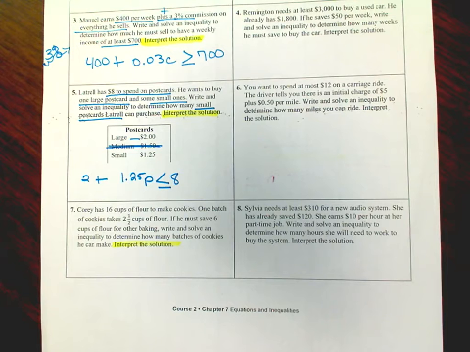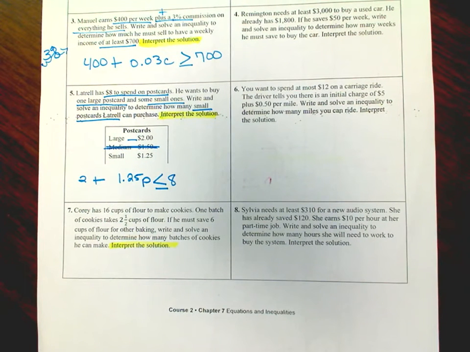So subtract 2 from 8, and then you're going to divide by 1.25 to get P by itself, and you'll have your answer. And then you need to write a sentence that says something to the effect of he can buy at most blank small cards. So at most, how many small cards can he buy?